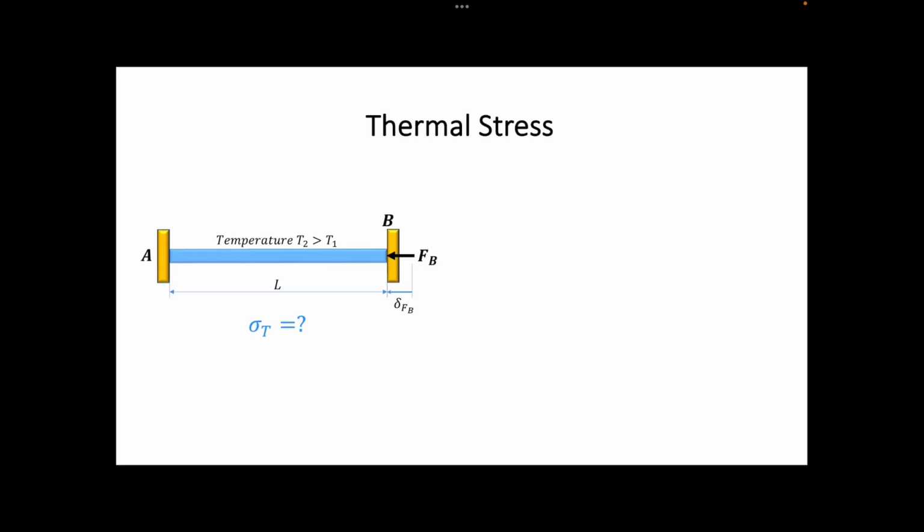As point B is fixed in reality, the sum of the imaginary displacement of point B caused by the temperature change and the reactive force Fb should be equal to 0. That means we know the imaginary displacement of point B caused by the reactive force Fb.